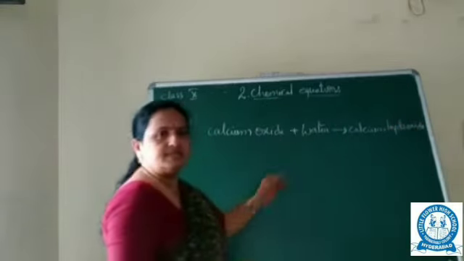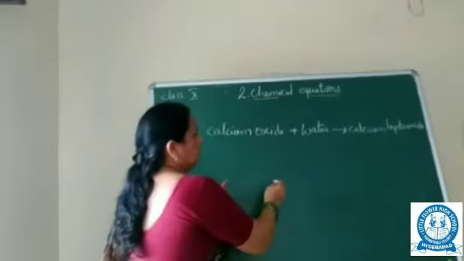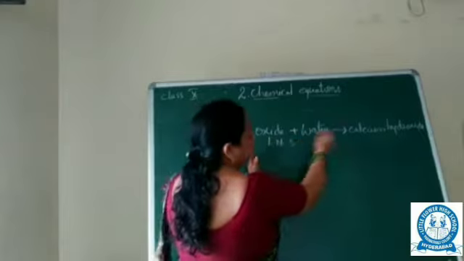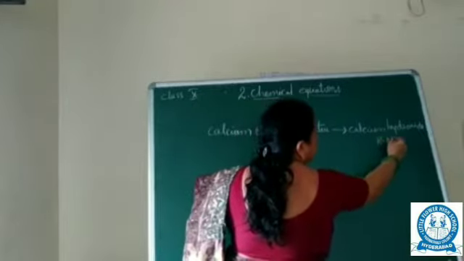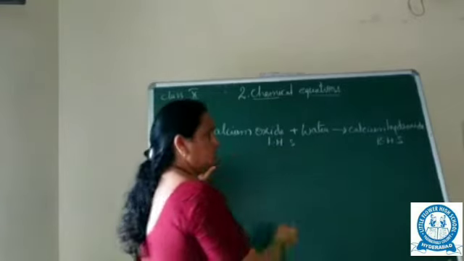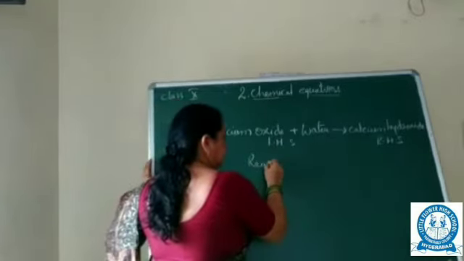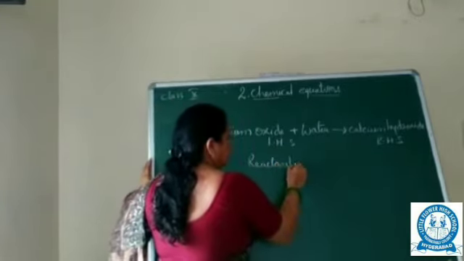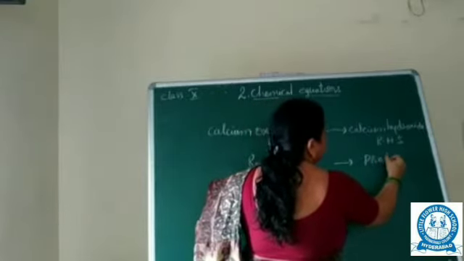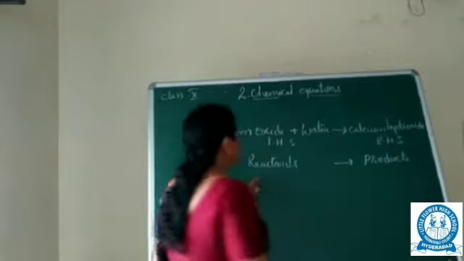So, this is nothing but a chemical reaction. This is on the left hand side and this is on the right hand side. Those on the left hand side are called reactants and those on the right are called products.